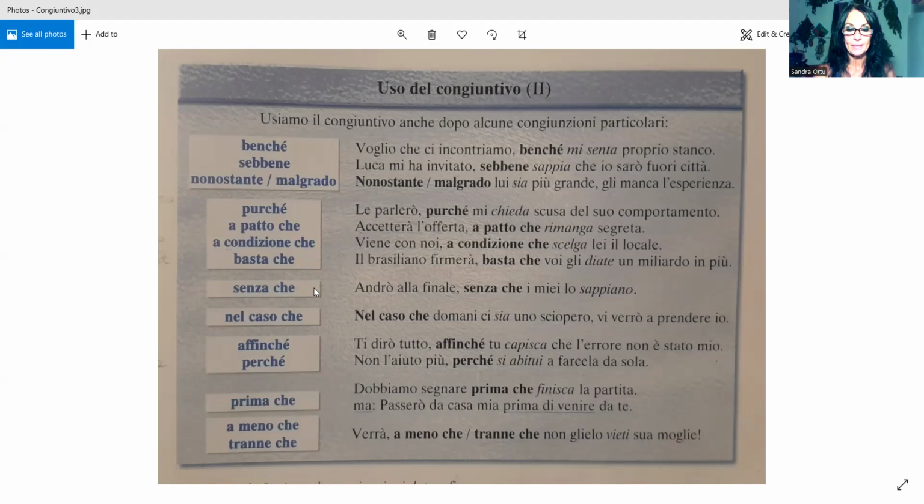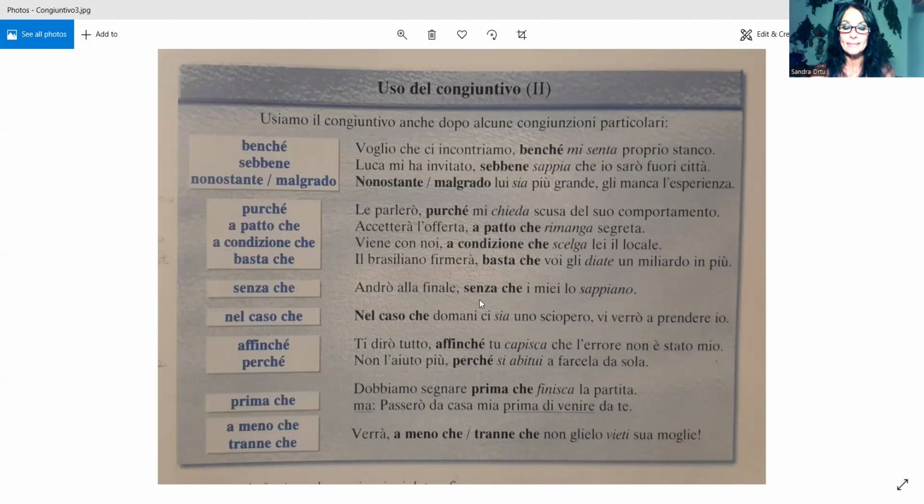Senza che, without something, for example, without something happening, without someone knowing. Andrò alla finale senza che i miei lo sappiano. I will go to the final, I don't know, some sport thing, without my parents knowing. You can see the word order, how different it is when you translate it.